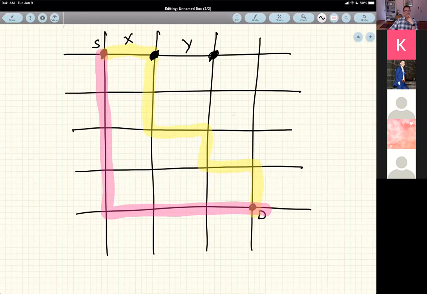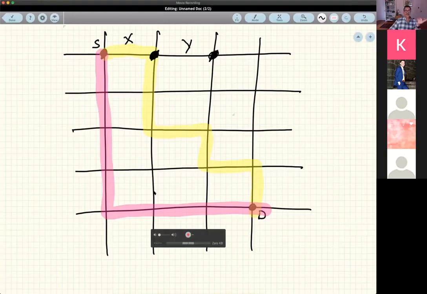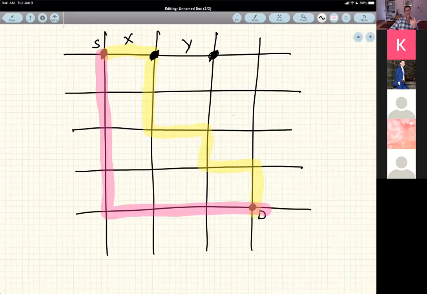The other thing that we could use graphs for is social networks and professional networks like Facebook, LinkedIn, and so on and so forth. So you lay out the people.